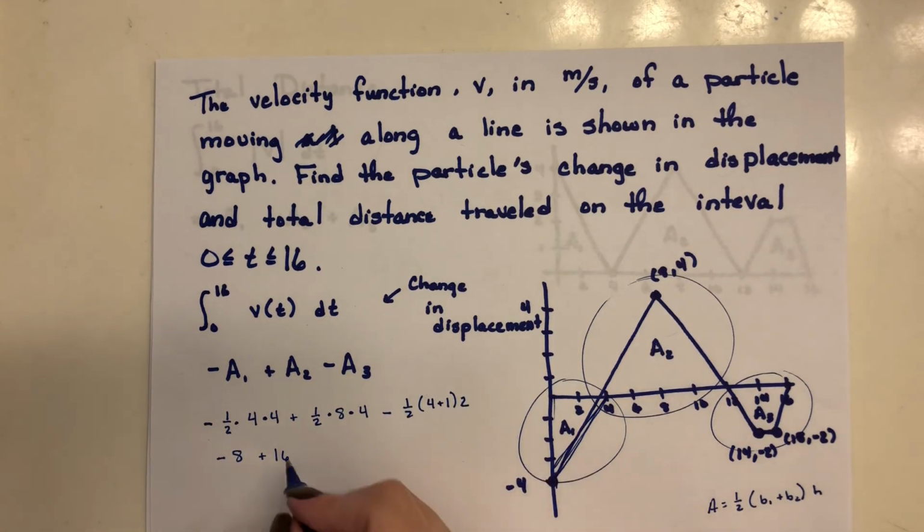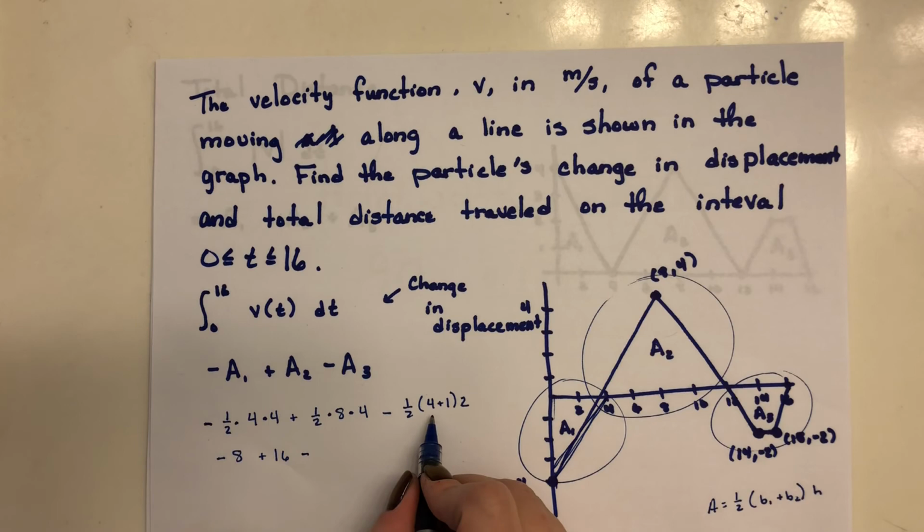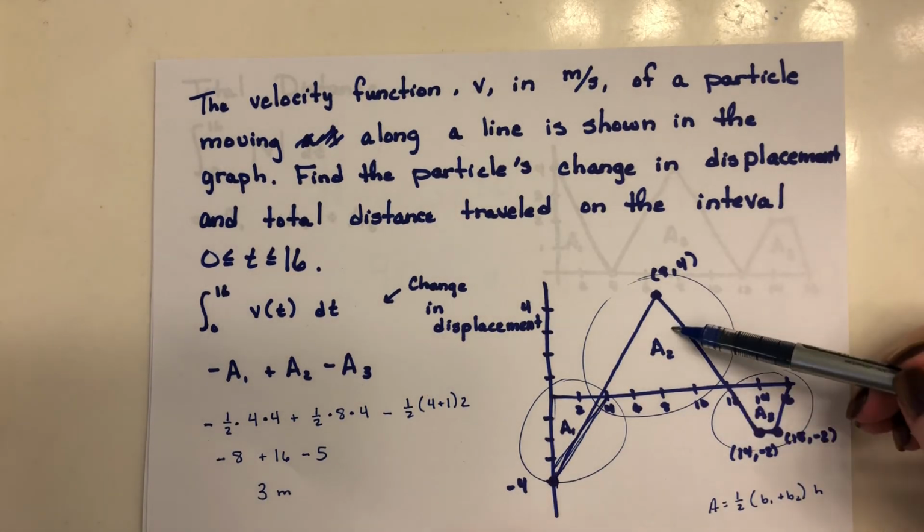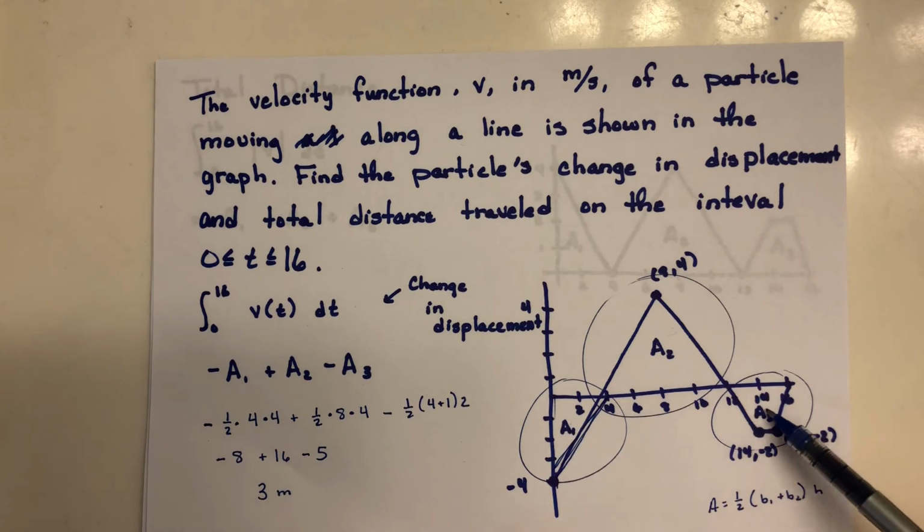So that's 5 times 2 divided by 2, that's 5. So when I do my calculation here, it's going to give me a displacement of 3 meters. Okay, so that is this area minus this one minus this one.